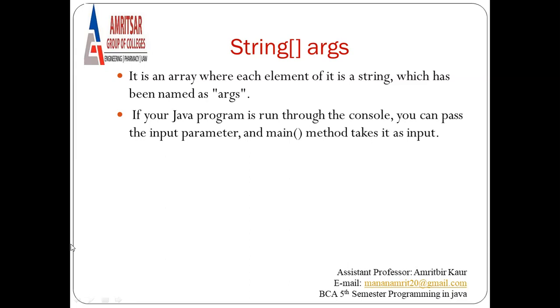For example, in a function we write int a, meaning firstly the data type and then the name. Similarly here String is the data type and args is the name. If your Java program runs through the console, meaning when a user enters input at runtime, it will be taken by String args.